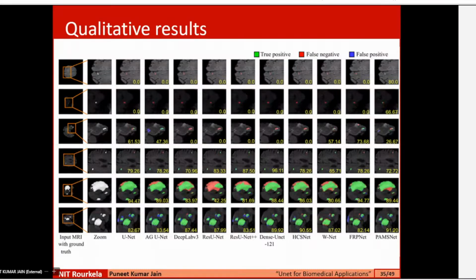These are like UNet, Attention UNet, DeepLab V3, ResUNet plus plus. The point is, people are now working on multiple aspects to improve the performance of these models for stroke lesion segmentation. One of them is the architecture of the UNet model. Some of them are incorporating residual kind of convolutions in the encoder decoder.